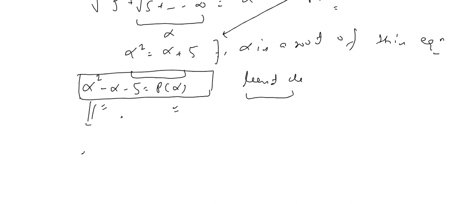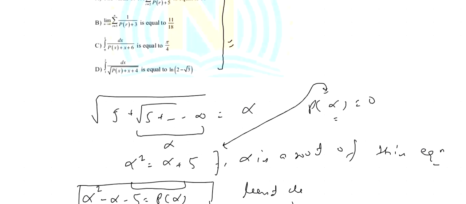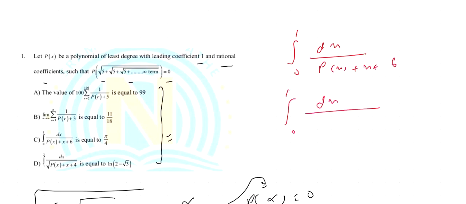Let us proceed with the options. And let us evaluate options C and D first, then we will move on further. So it is given integral 0 to 1 dx upon P(x) plus x plus 6. So it is integral 0 to 1 dx upon x square minus x minus 5 plus x plus 6.